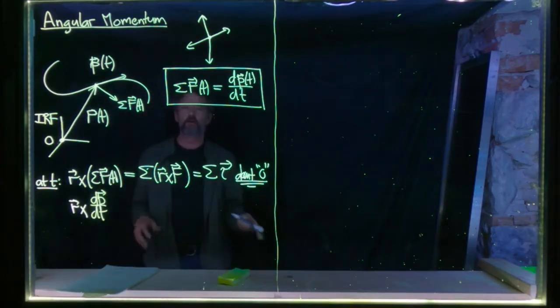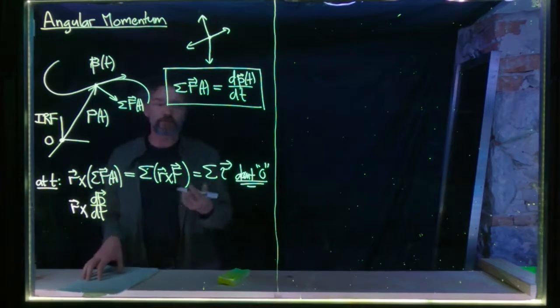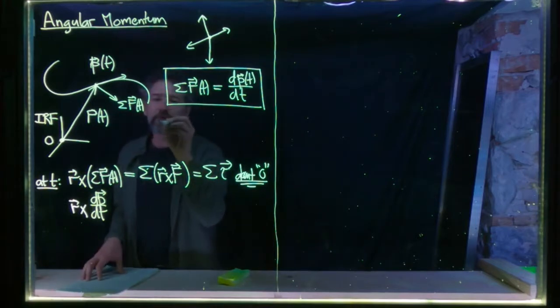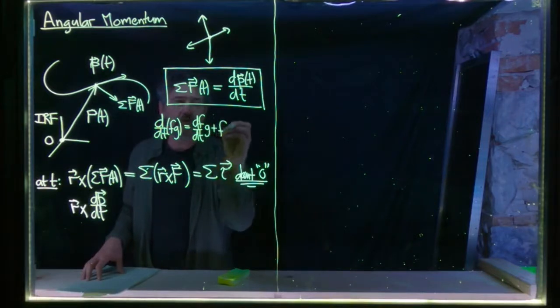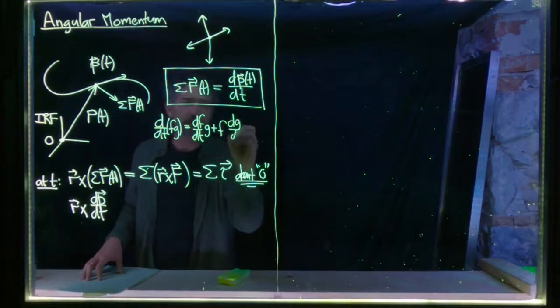Now, I want you to remember something basic from differential calculus. If you have the time derivative of a product of two functions, f and g, that's equal to the time derivative of f times g plus f times the time derivative of g.